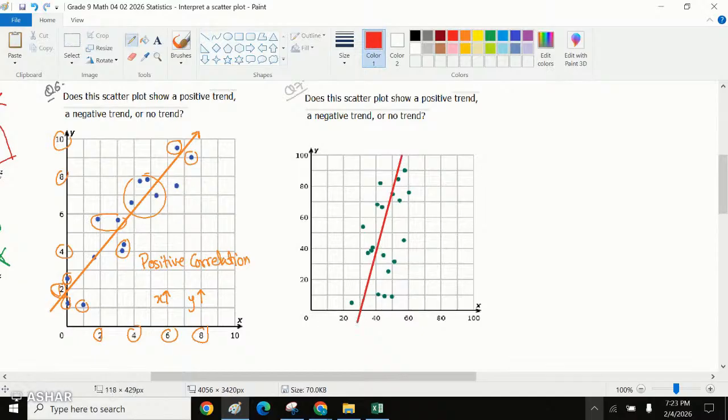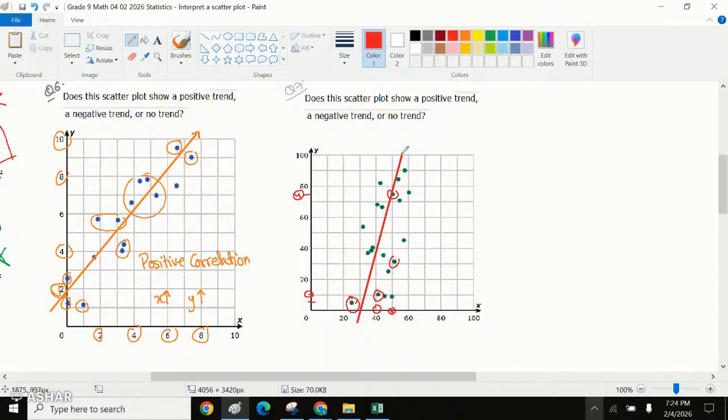Because we can see that when x was at this point, y was smaller. When x is increasing, y is increasing. So there is a trend over here, and the line is going towards the positive side.